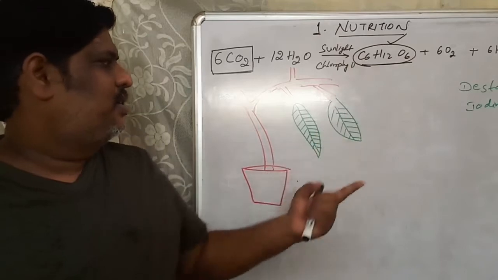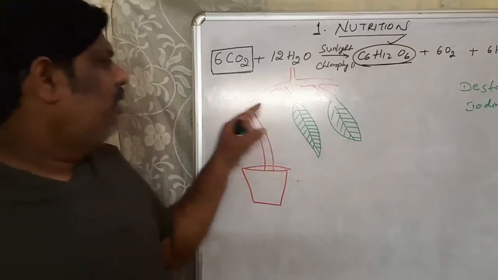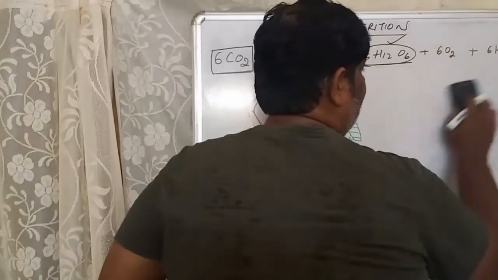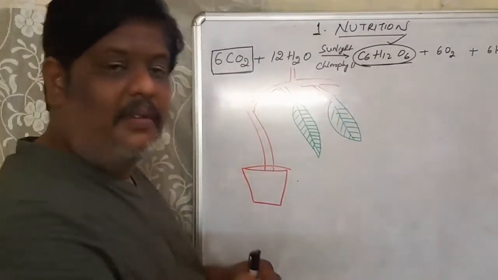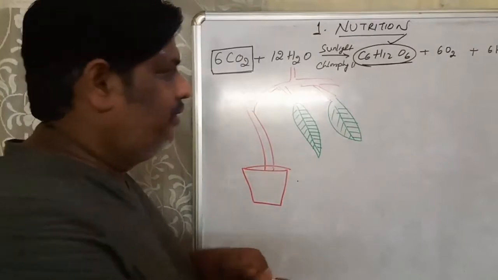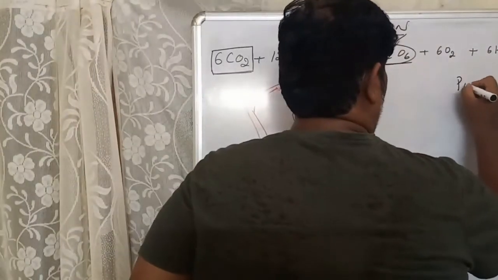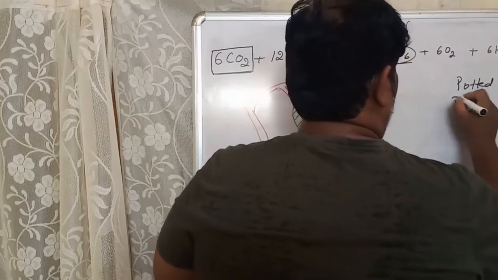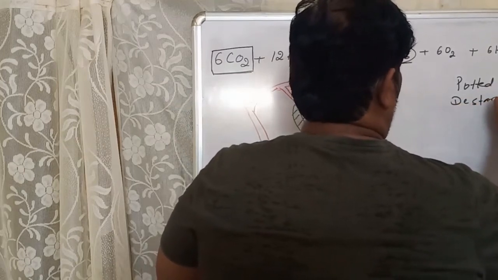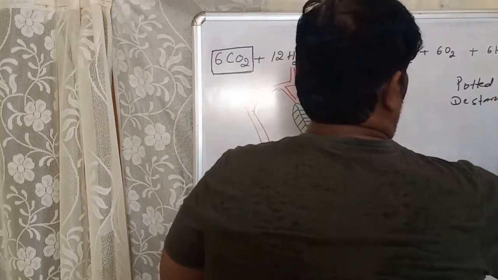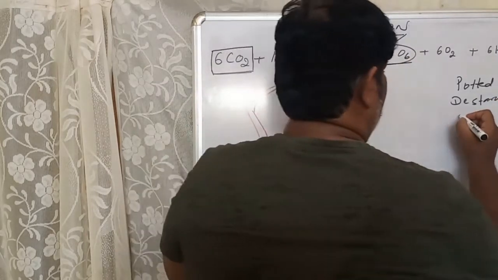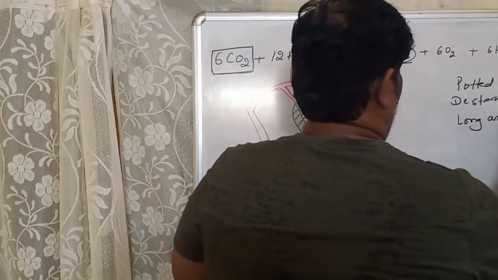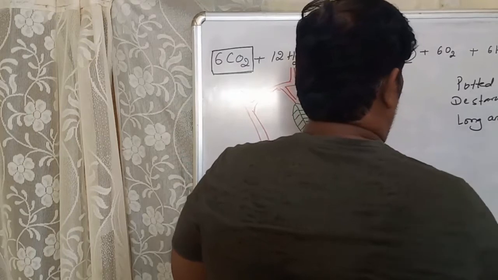So now here also I am taking a potted plant, which is kept in the dark for at least a week. The potted plant should have de-starched leaves, and it should also have long and narrow leaves.